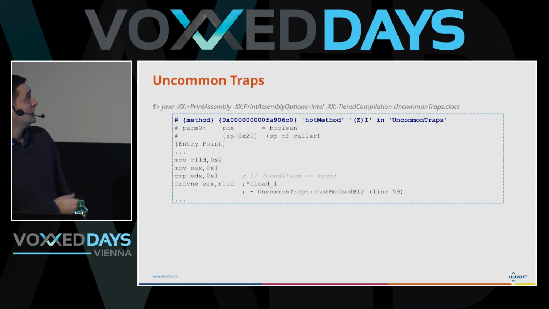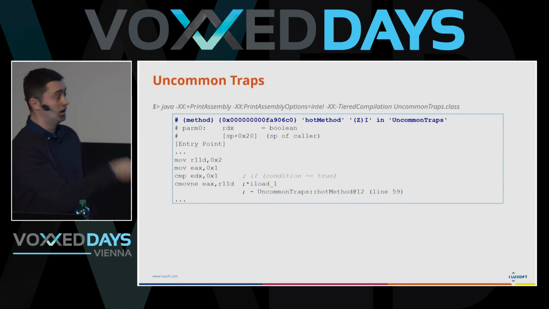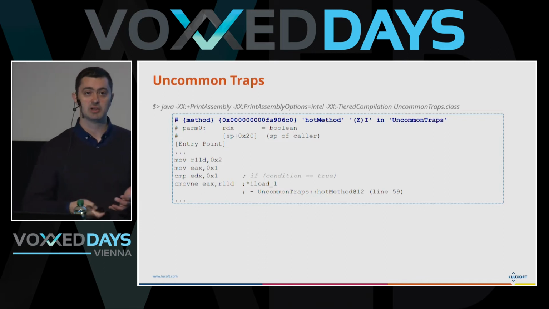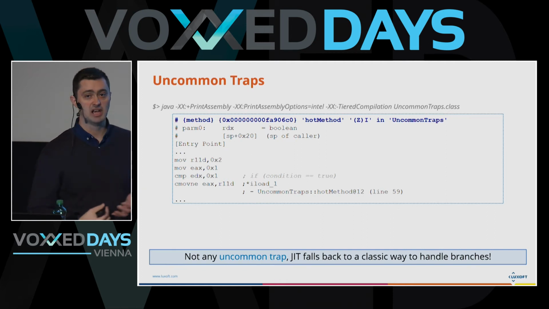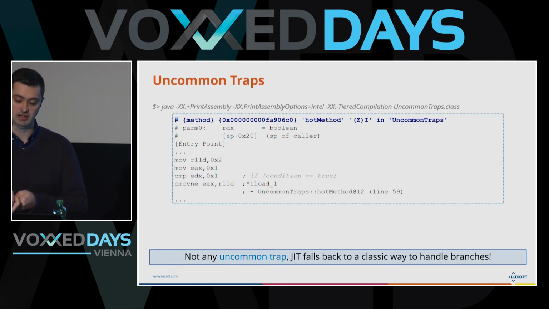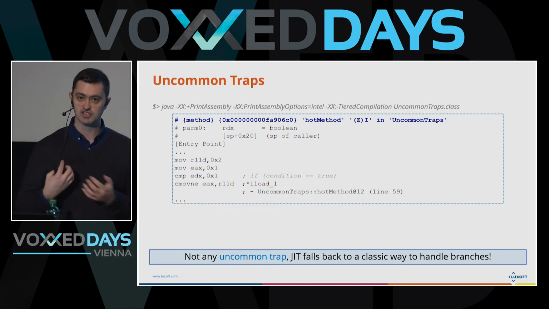Going further, if we have to take a look over the assembly, if I run with print assembly as we did before, we see here in this case we have this conditional move not equal, which means in this case after we hit the uncommon trap, the just-in-time compiler falls back to the traditional way of handling these checks.